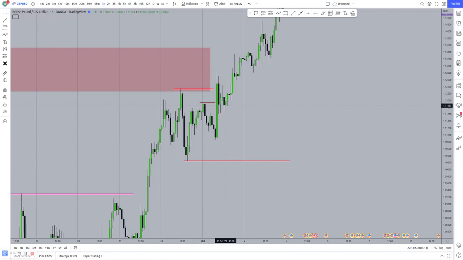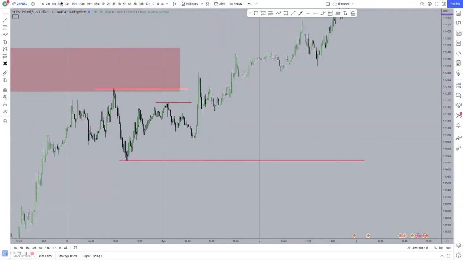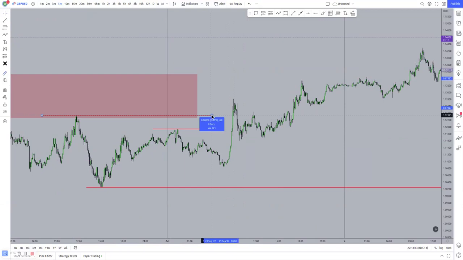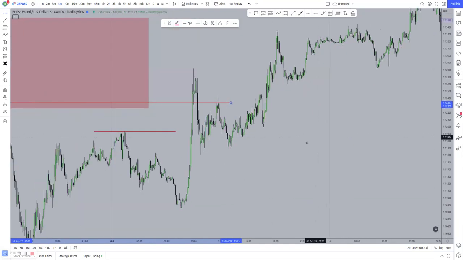Okay, the setup is okay, and if you have been a scalper, you would have caught something. Actually, you would have caught something which proves that the market maker sell and buy models actually work.